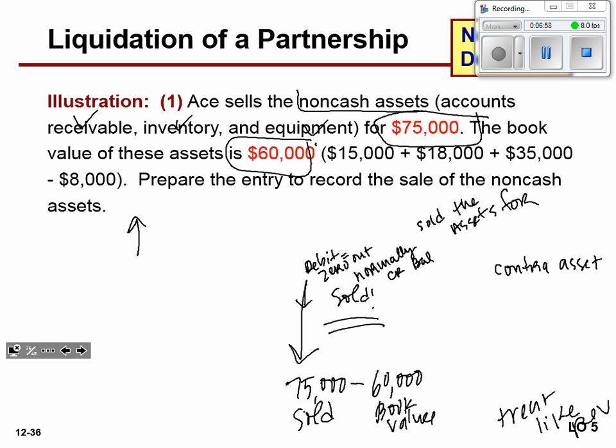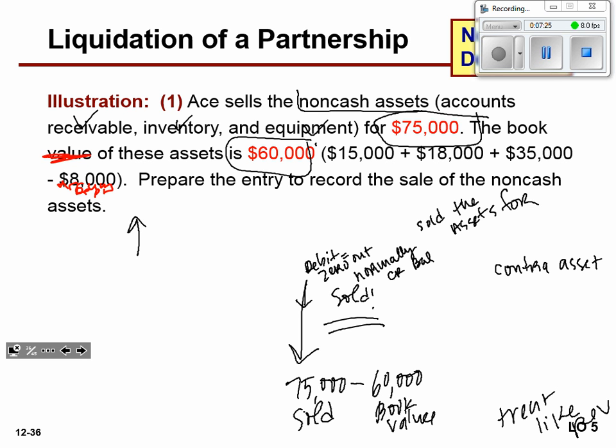Okay. ACE sells the non-cash assets, AR, inventory, and equipment for $75,000. Now the book value of these was $60,000. The book value of AR was 15. The book value of inventory was 18. The book value of equipment was 35 minus accumulated depreciation.